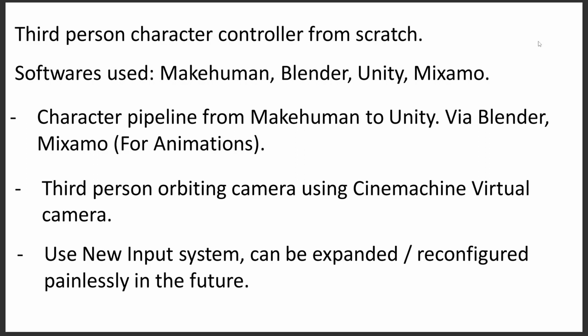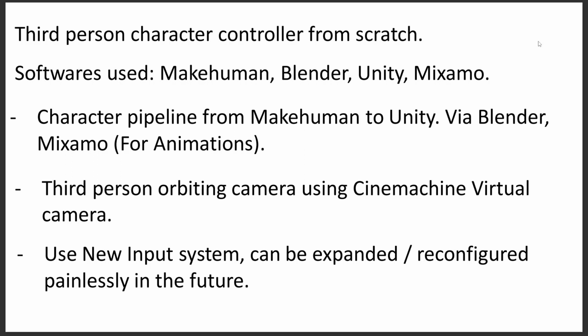Blender, of course, we all know it is for any kind of 3D modeling, starting from the basic modeling all the way until animation, all the material rendering and everything over there. Unity, that is the major point of this exercise. And of course, Mixamo, Adobe has shared a lot of animations, which otherwise would take a lot of time for us to develop.